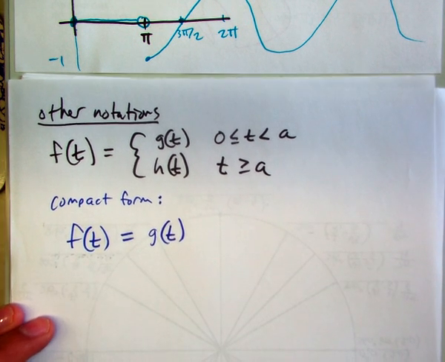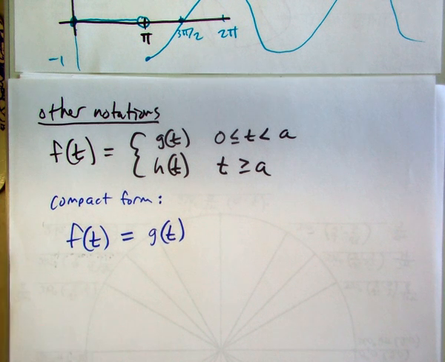But now, at a, what do we want to do? We want to go to h. So two things need to happen. One, we need to throw h into the mix now, right? Two, we need to somehow shut off g of t.